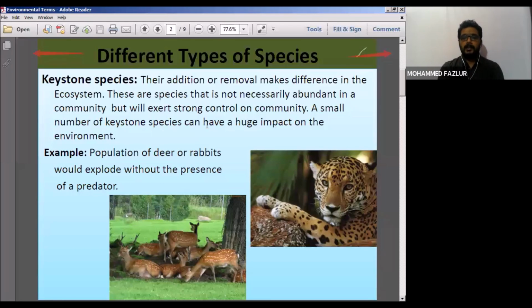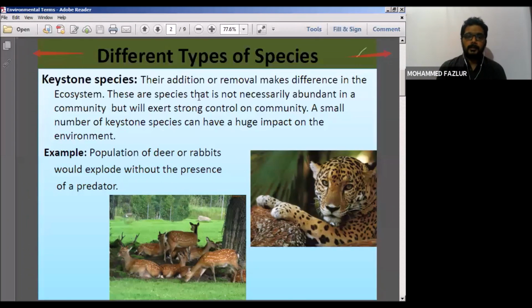That's the reason keystone species should be very balanced. They should not be very high and should not be very low, because if they are in a proper number, definitely the lower trophic levels and the food chain will be sustainable. So that's the reason keystone species are very important species.